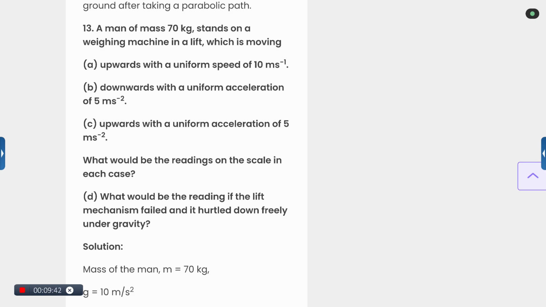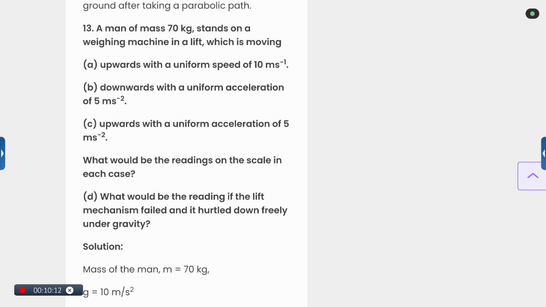Read the question. A man of mass 70 kilograms stands on a weighing machine in a lift. Lift problem. You remember, this is another type of question apart from the empirical element. The lift is moving upward with a uniform speed of 10 meter per second; downward with a uniform acceleration 5 meter per second square; upward with a uniform acceleration 5 meter per second square.